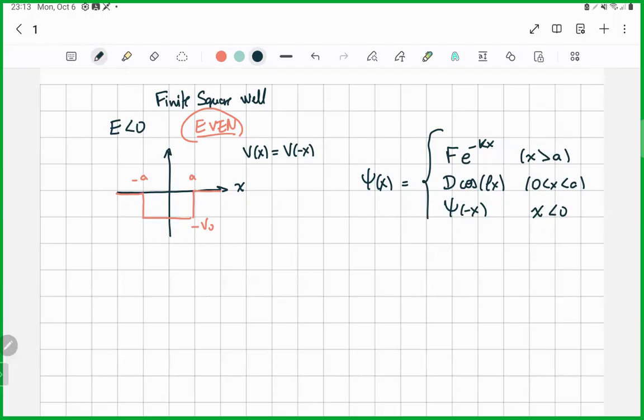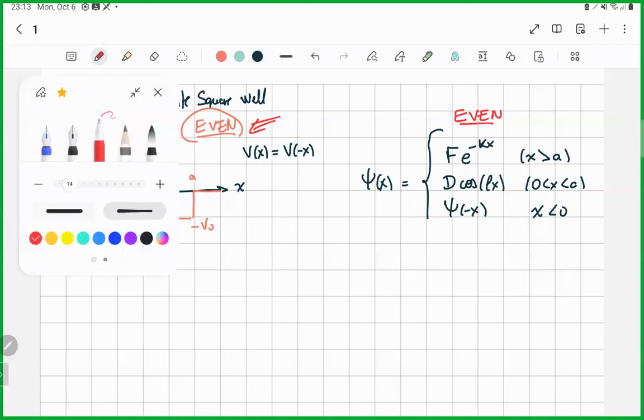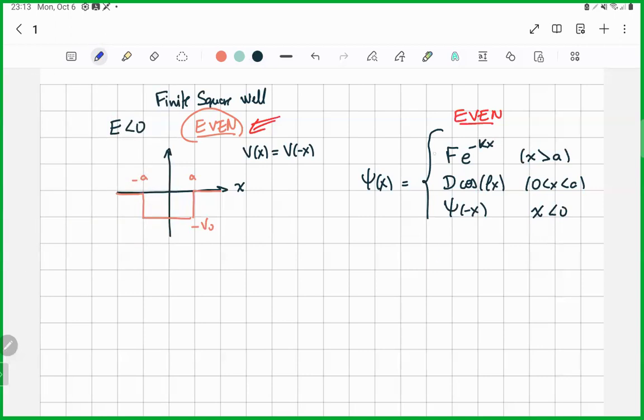So we went all the way to this point. And we said this is very nice, very convenient, very useful, to write just this even solution, because now that we are going to be applying the boundary conditions, we only need to think about the boundary between these two parts. We only need to think about the boundary at x equal to a. So we only need to stitch the function and the derivative of the function at a, instead of doing it at a and minus a.